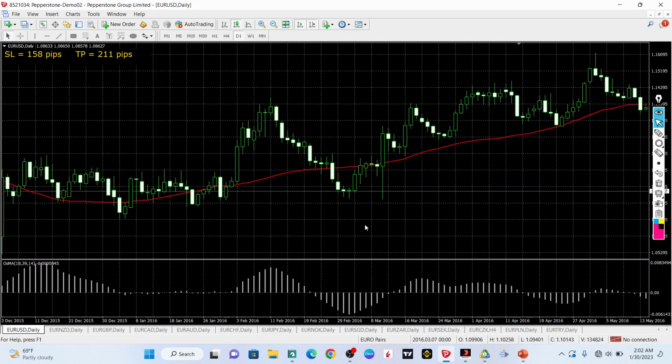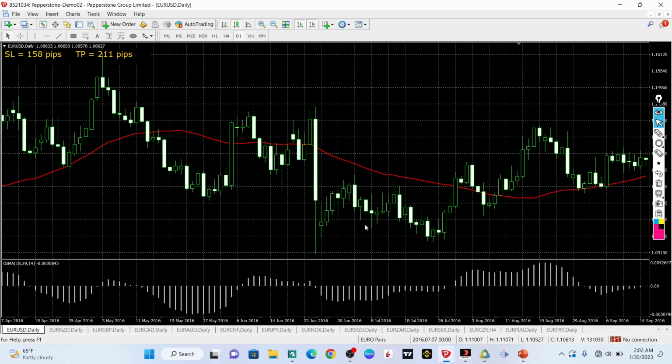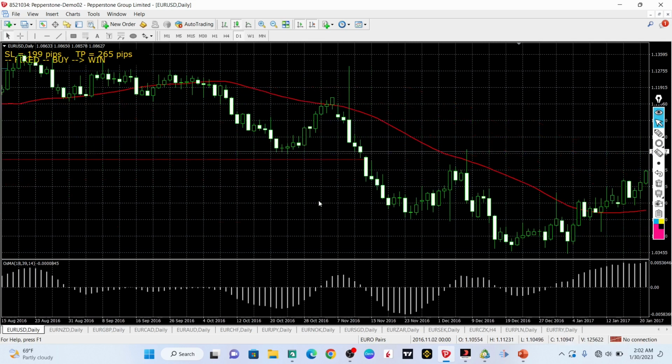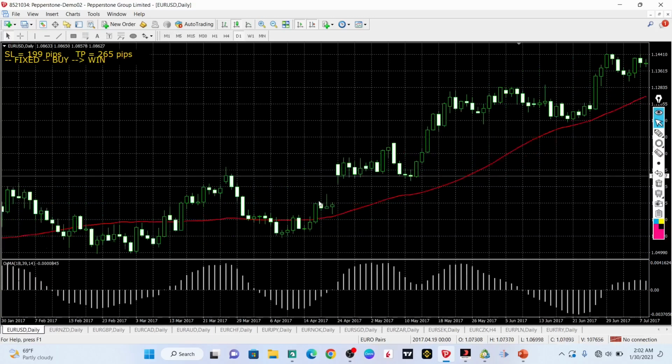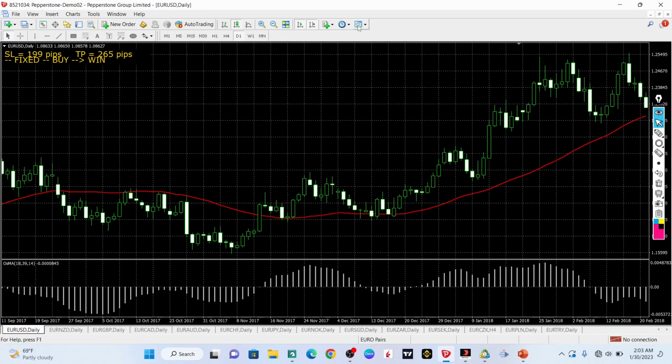Let's try to look at this candle here. That one is okay. These are rare scenarios to happen in the market, but if they do happen, of course, we have to avoid them.